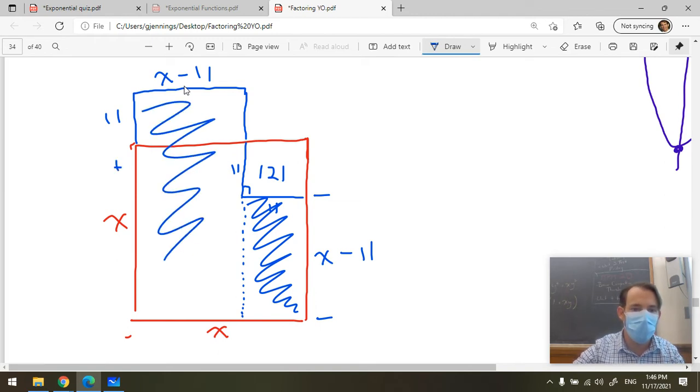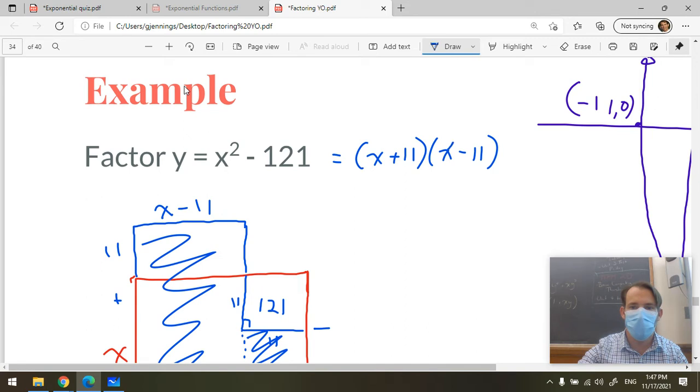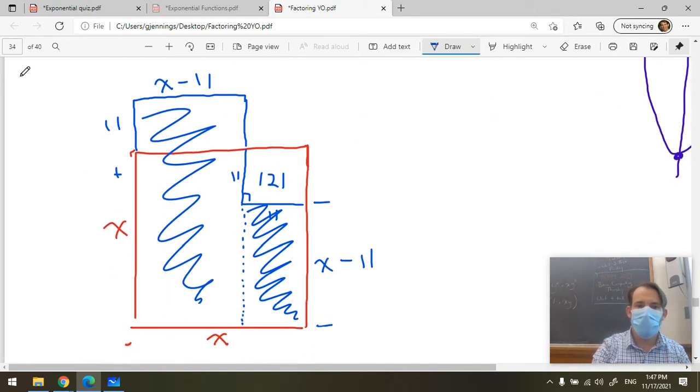Now we have a rectangle. Its area is x plus 11 multiplied by x minus 11. So y equals x squared minus 121 equals x plus 11 multiplied by x minus 11. That makes sense? You can see it now?